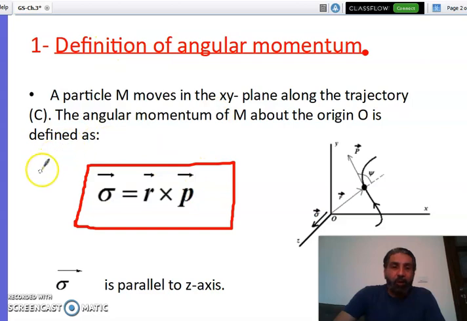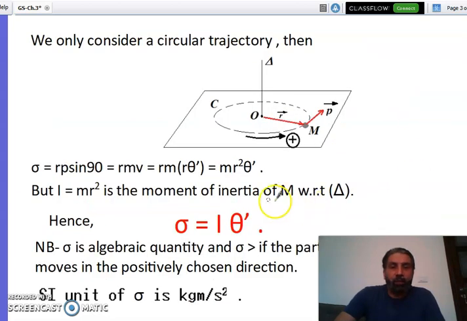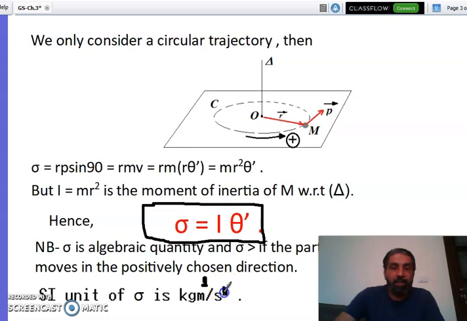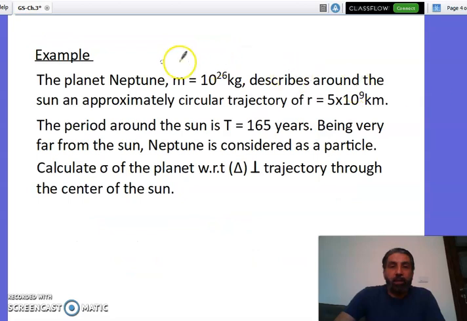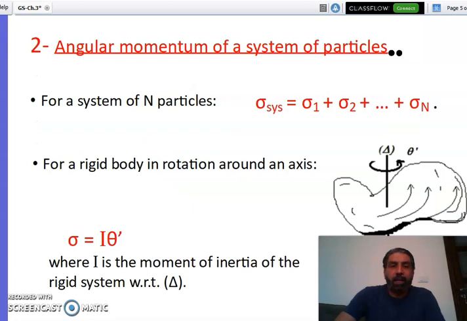This is the angular momentum of a particle, the general definition. We reduce this to this rule, sigma equal I theta prime, right? And the SI unit is kilogram meter squared per second, okay? We solved also a direct example, and also I explained the angular momentum of a system of particles. Here the system is a discrete system of particles.